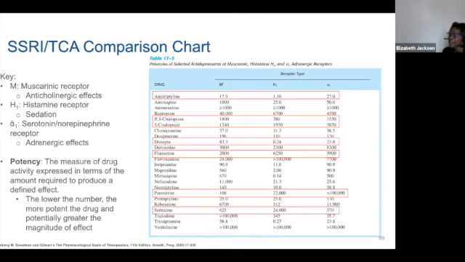And if you compare it with, let's say, amoxapine, which is 25, you can see the amoxapine has higher sedating properties. So this chart is just highlighting the differences in terms of the anticholinergic effects, sedation, and serotonin norepinephrine receptor adrenergic effects. Next slide, please.